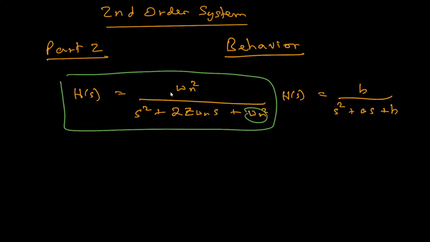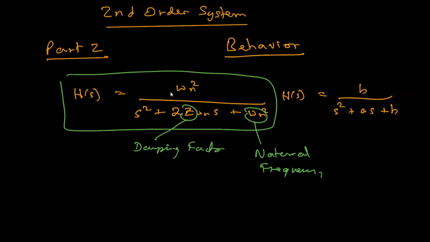Omega n is the natural frequency, and zeta is the damping factor. Those two values determine the behavior of the system.